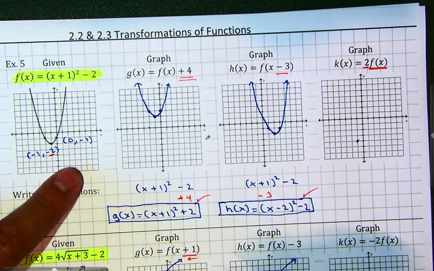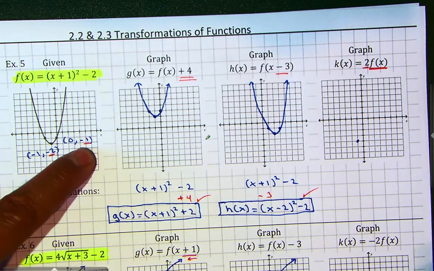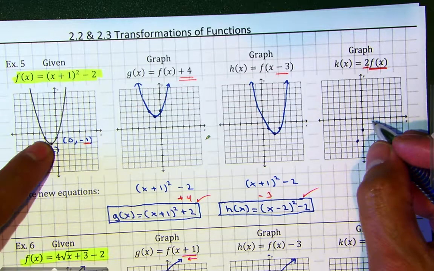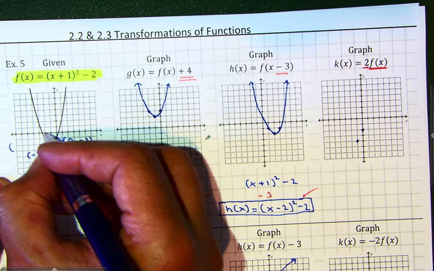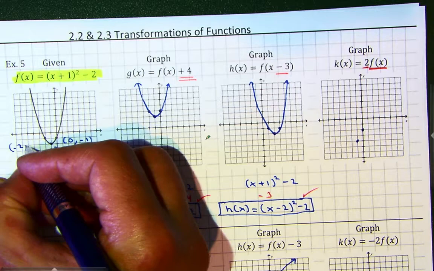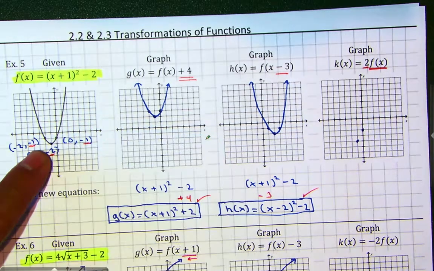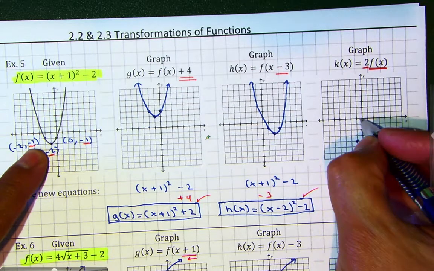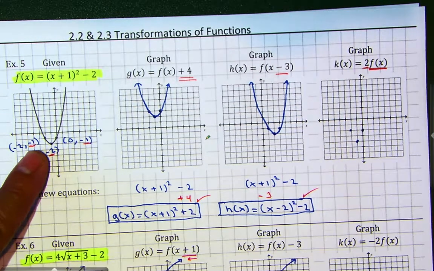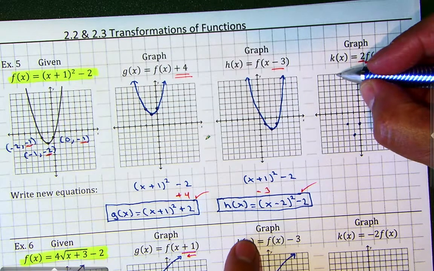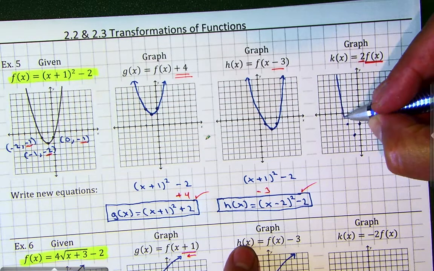I'm going to multiply the y value by 2, so it'll be 0, -2. This point here is -2, -1. Multiplied by 2 gives you -2, -2. And your graph got stretched. Should be a little thinner.